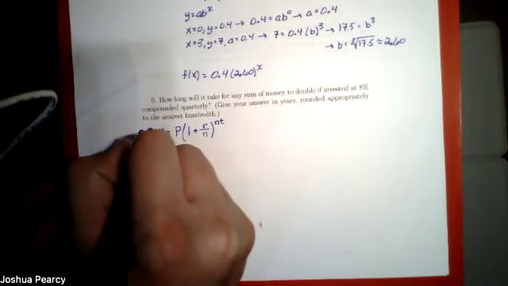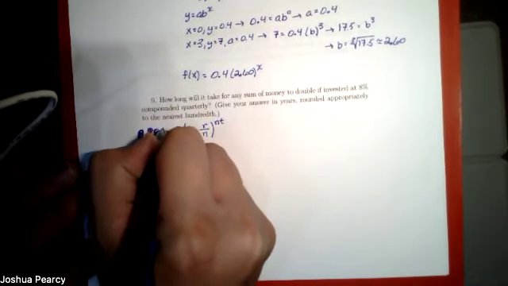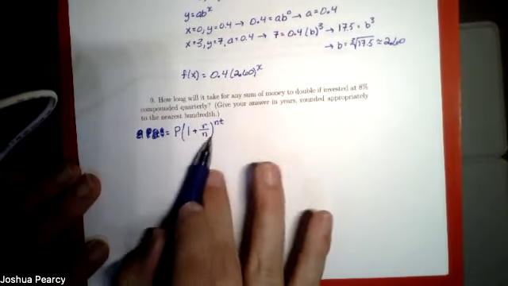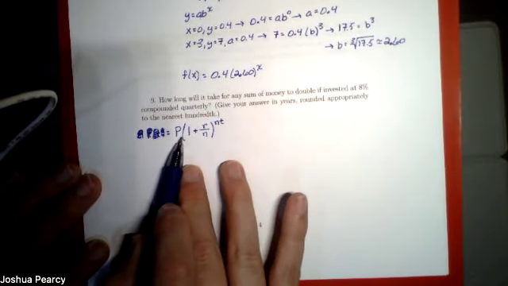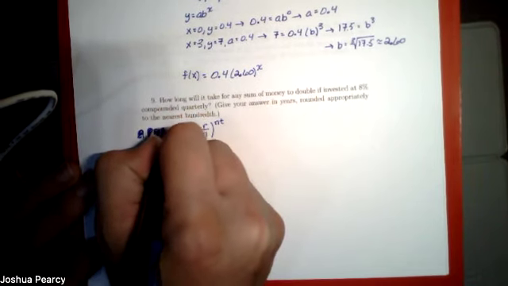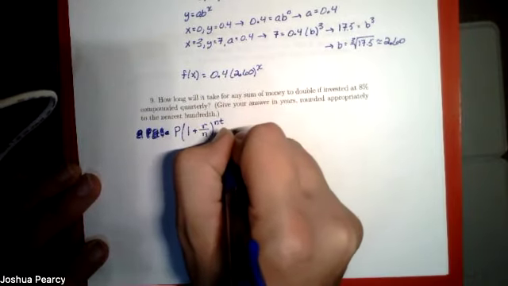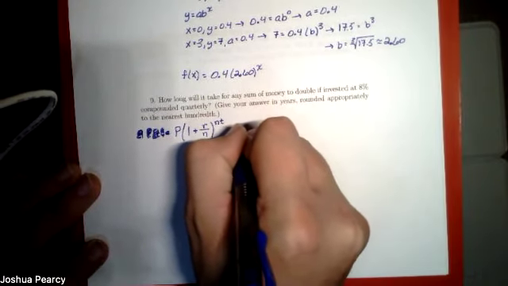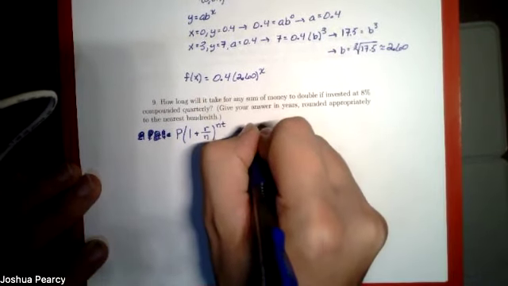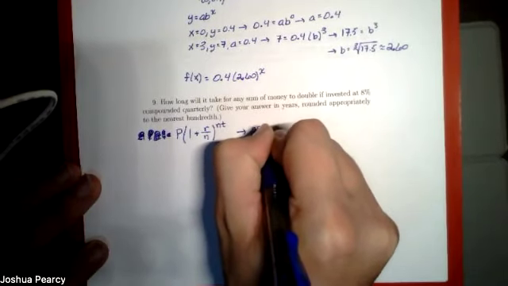So not continuously, but periodically. We don't actually need the continuous piece over here yet. All we need to figure out is the following. If we want to double our investment, then this amount, which represents our balance in the future, should equal 2 times the original amount we invested.